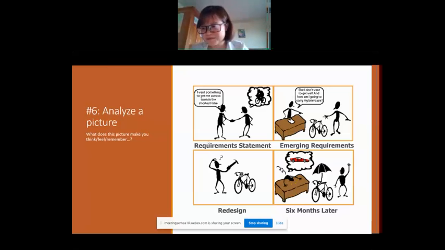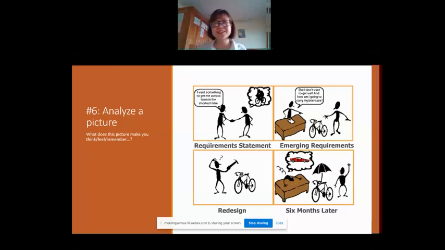But it's amazing that when I showed this picture to my students, they could find about four hidden messages. For example, from picture number one, the problem here is the customer cannot explain their idea clearly. That is problem number one.